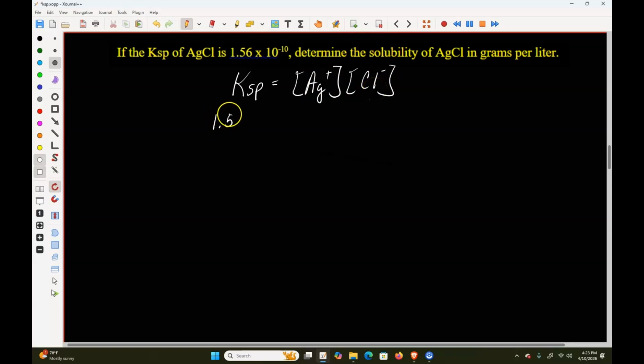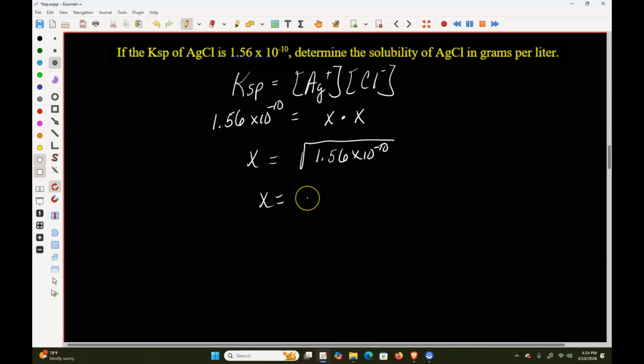So it would be 1.56 times 10 to the negative 10 equals X times X. So X will be equal to the square root of 1.56 times 10 to the negative 10. So X is going to equal 1.25 times 10 to the negative 5 molar.